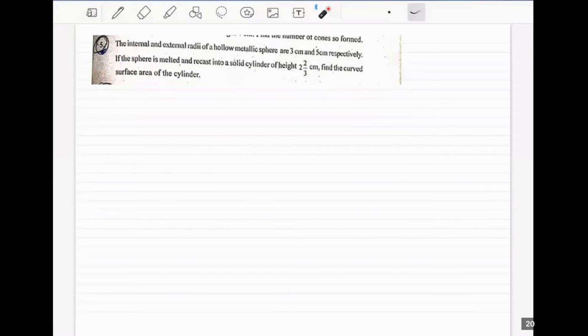Okay, now let's see question number 5. So this concerns a sphere. The internal and external radius of a hollow metallic sphere are 3 centimeter and 5 centimeter respectively. We have a hollow sphere. There's some issue with the screen, because of the weather the screen seems a little wet.